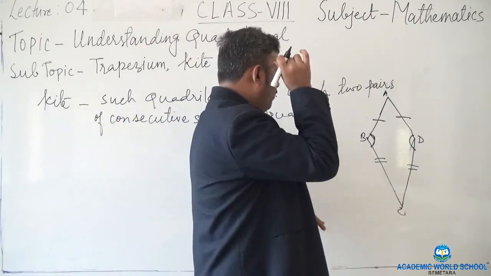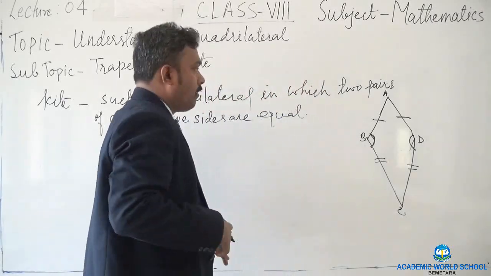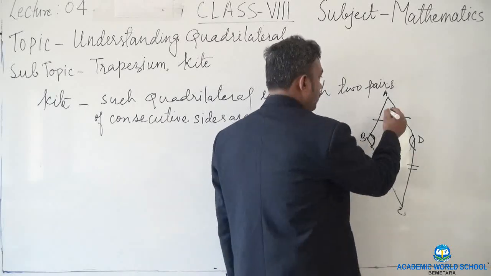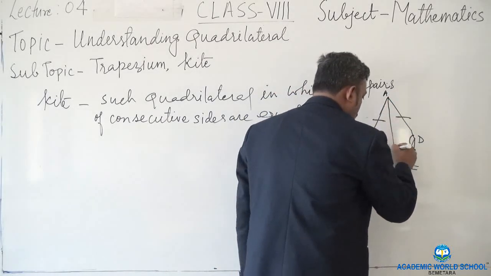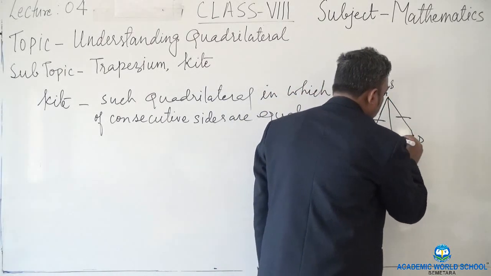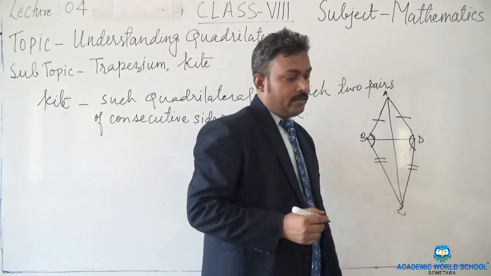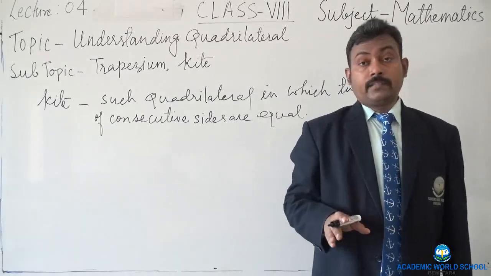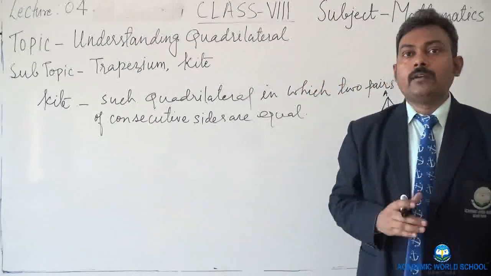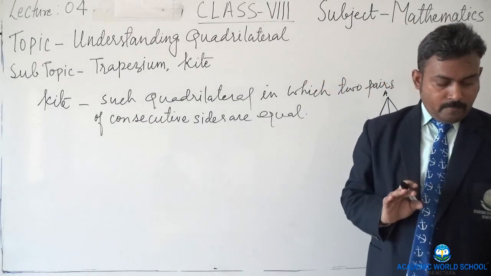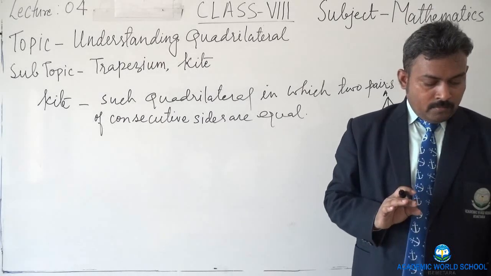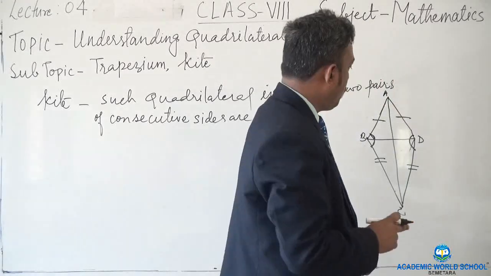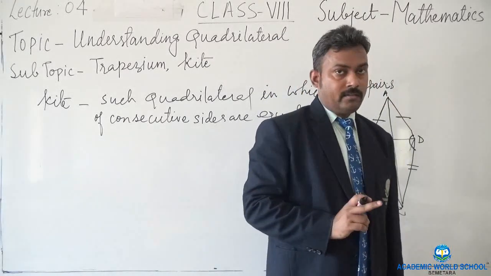So another property is the diagonal property. Sorry, not bisect each other. Diagonals are perpendicular to each other, and one of the diagonals bisects the other.